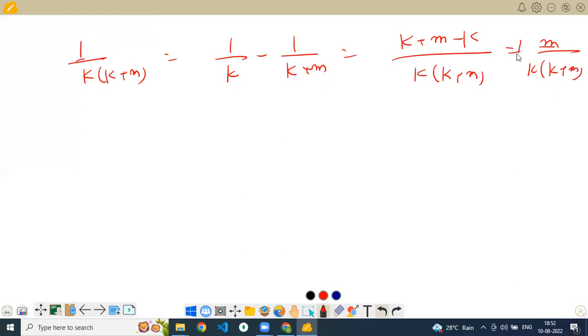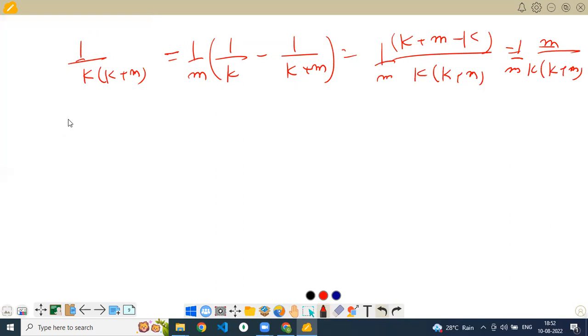So what we do is we divide by m. So 1 upon k into k plus m can be written as 1 upon m, into 1 upon k minus 1 upon k plus m. Is this clear? Yes, sir. It's fine.